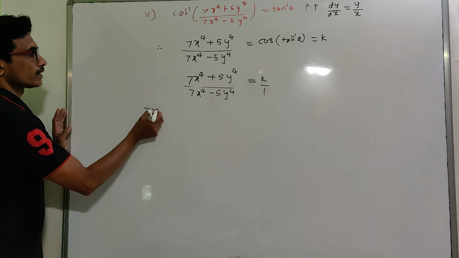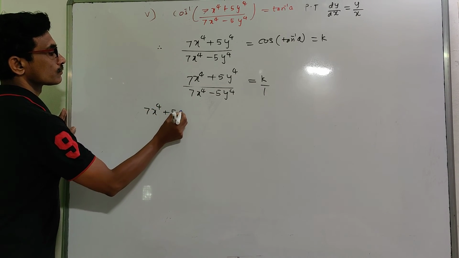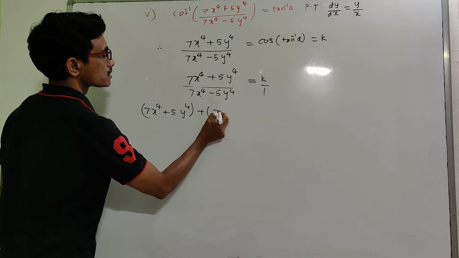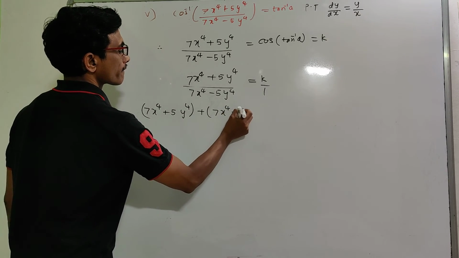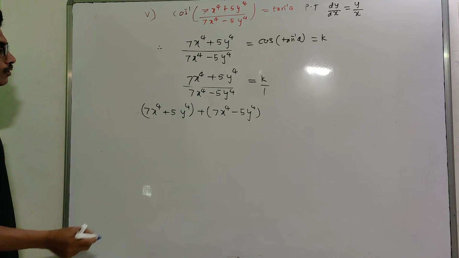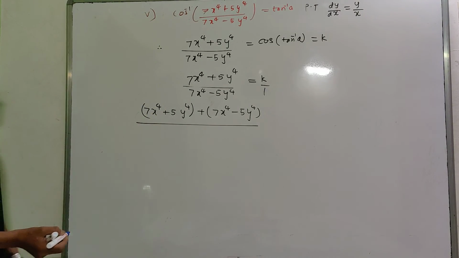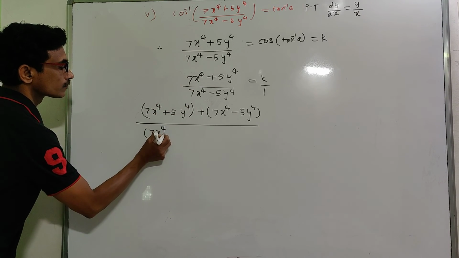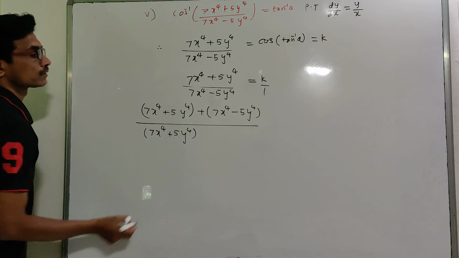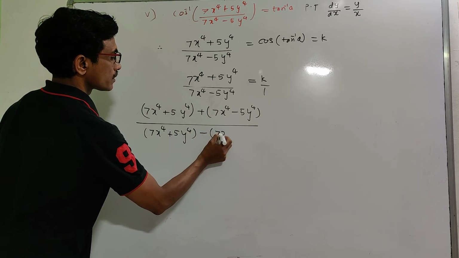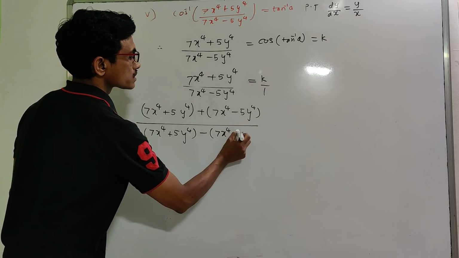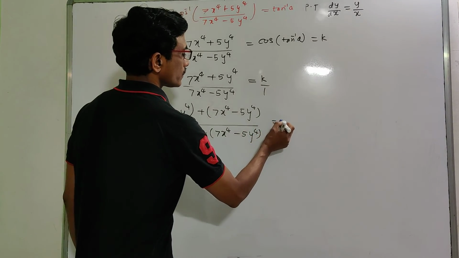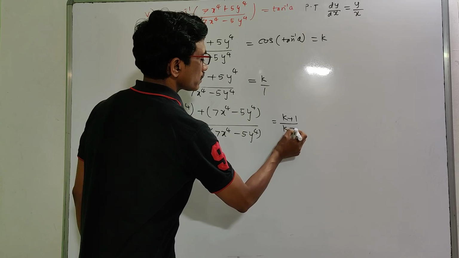So write it: (7x to the power 4 plus 5y to the power 4 plus 7x to the power 4 minus 5y to the power 4) upon, that is (a plus b) upon (a minus b), (7x to the power 4 plus 5y to the power 4 minus 7x to the power 4 minus 5y to the power 4). Similarly, right hand side, k plus 1 upon k minus 1.